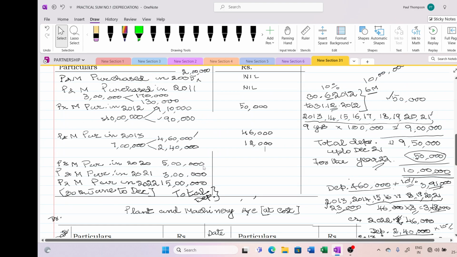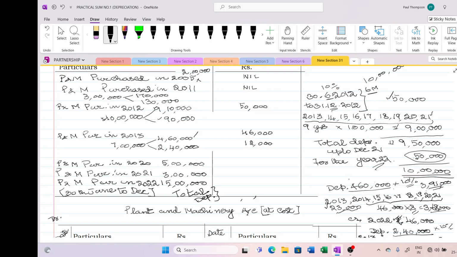Now coming to the 2020 purchase, 5 lakh rupee. So we can depreciate it for the whole year for 50,000. Because this is still available. This machine is 3,30,000. But now coming to the machine which is purchased in 2022, again the company policy is on 30th June.